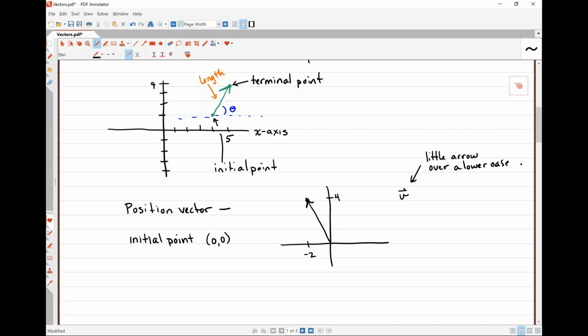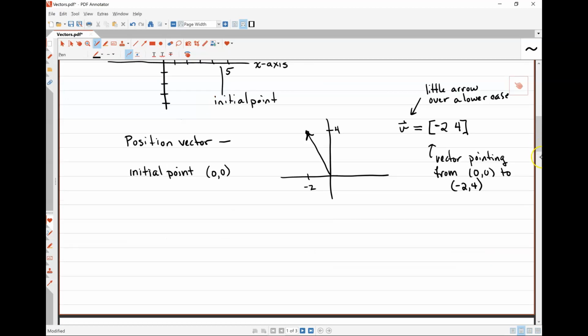But when you handwrite it, it's usually with a little arrow. And the way that we denote a position vector is really literally just by giving the coordinates of the point that it's pointed to, but we write it in square brackets and don't use a comma. So this is the vector pointing from the origin to the point -2, 4.